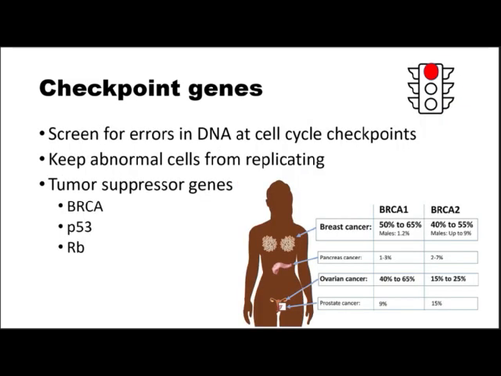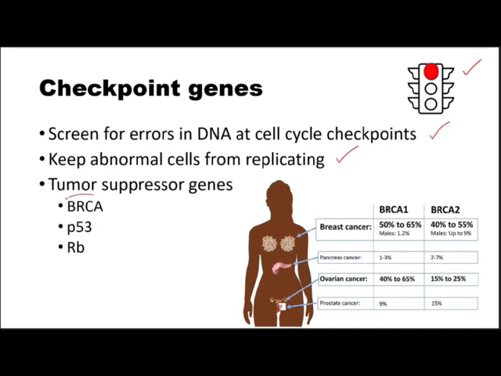There are the other genes that say stop, something is wrong, it needs to be fixed, and a lot of these screen for errors in the DNA during those checkpoints. And the really important role of these guys is to keep abnormal cells from replicating, because if a cell is bad, you don't want to make more bad cells.